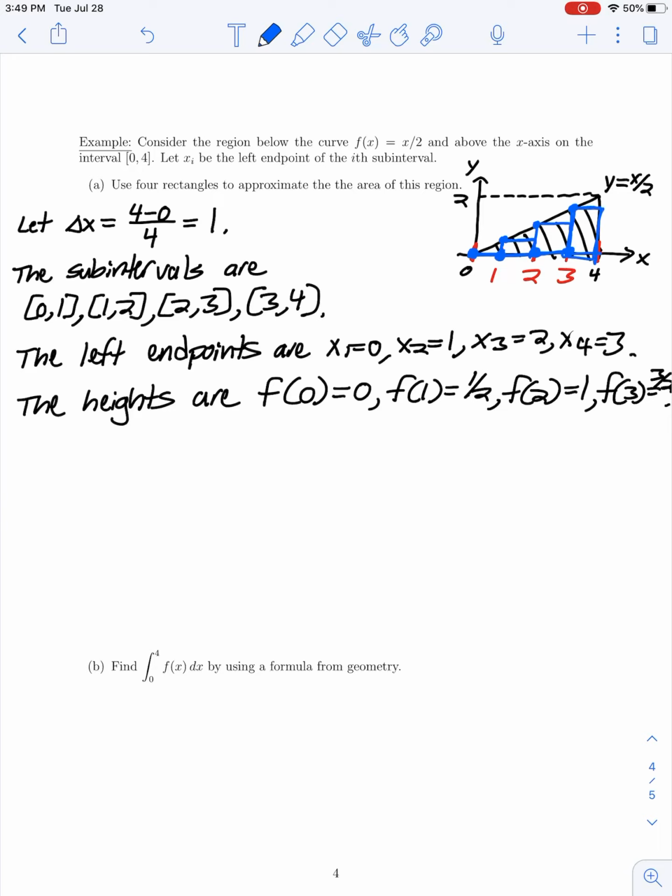So by adding up the area of those rectangles, we have an approximation for the area of our shaded region.